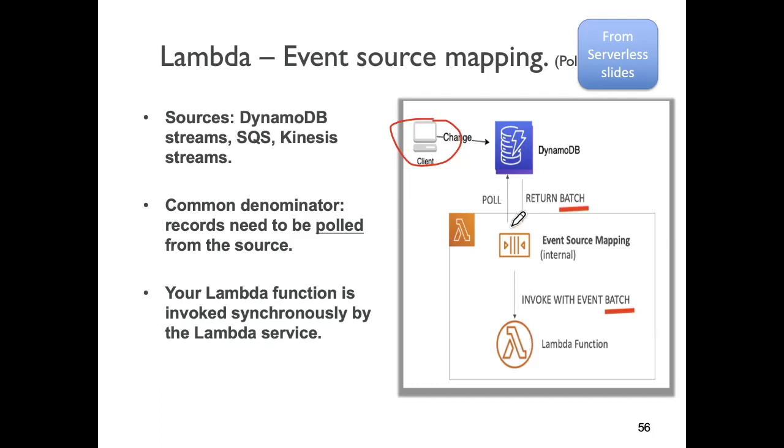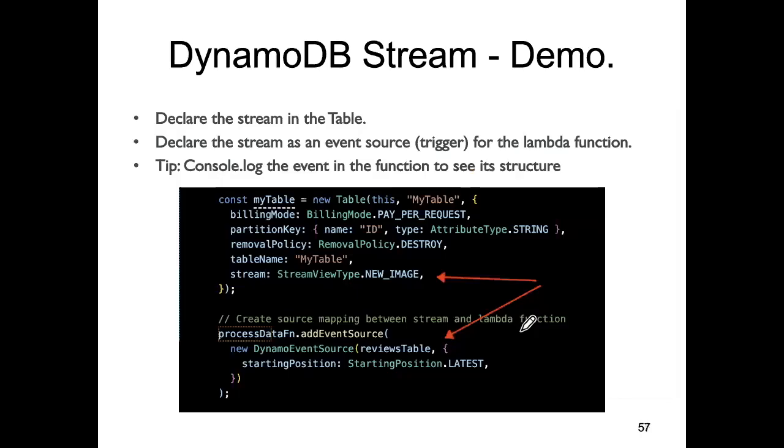So what I want to show you is how we actually express this connection between a DynamoDB table and a Lambda function and the triggering of that Lambda function. There are two parts to it. First of all, in the actual DynamoDB table itself, you have to state that you want DynamoDB to maintain a stream of state changes.